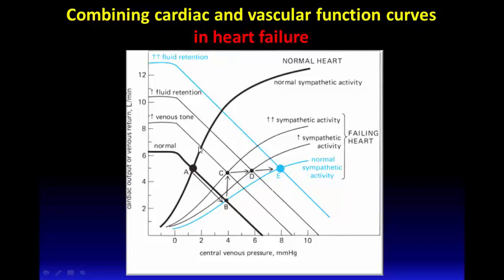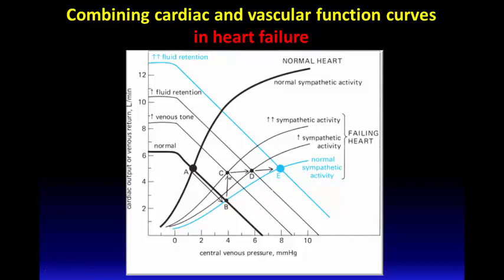So now, with compensation with increased sympathetic activity, the equilibrium point shifts up from B to C, and at this new equilibrium point there will be increases in both the cardiac output and the venous return, while the right atrial pressure is not increased further. This is good. This is good to the heart.